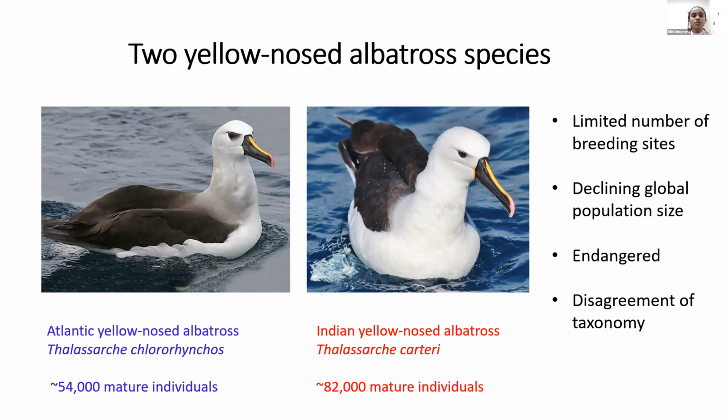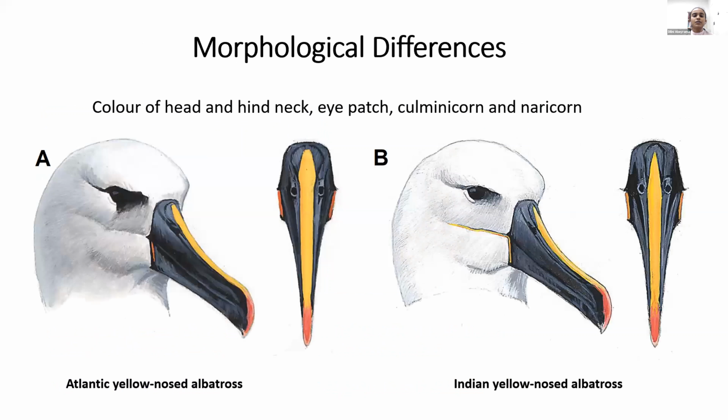some other taxonomies identify them as two subspecies of the same species. Also, when you look at these two birds, they look much alike, but there are some differences between them. In the morphology, the head of the Atlantic yellow-nosed albatross is more gray, while it is more white in the Indian yellow-nosed albatross.